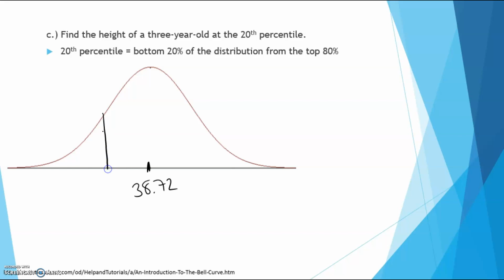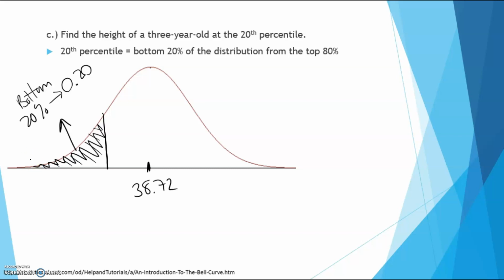So we can just draw right here and say that this is the bottom 20%, which we'll change to a decimal. So really, this little section right here has an area of 0.20.